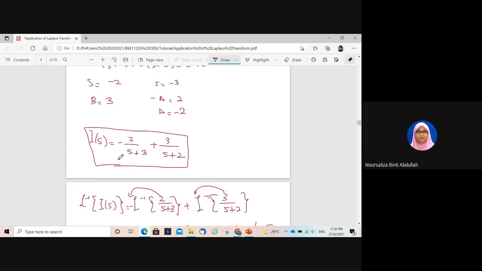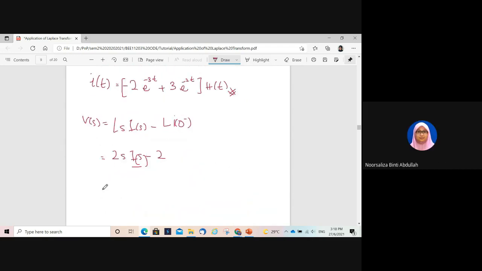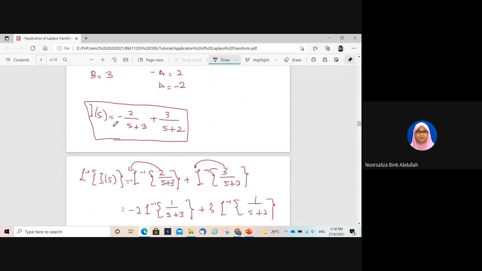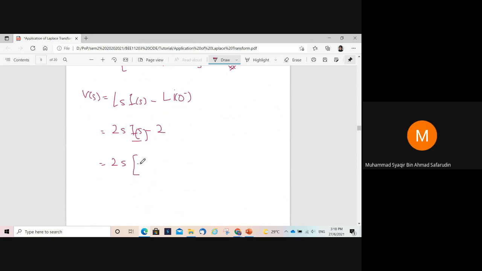Okay. So IS here is from here. You take IS from here. So you will have 2S times with IS. Mana IS awak tadi? Minus 2 over S plus 3 plus with 3 over S plus 2, then minus 2.